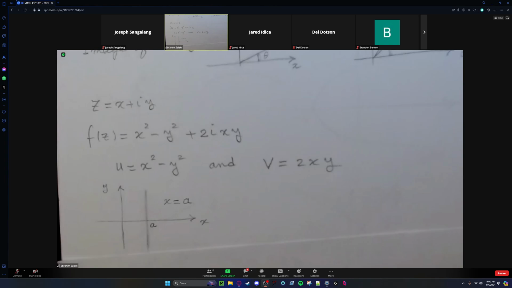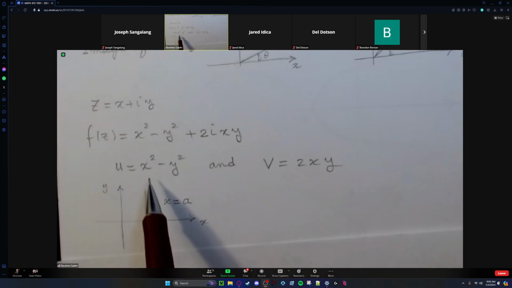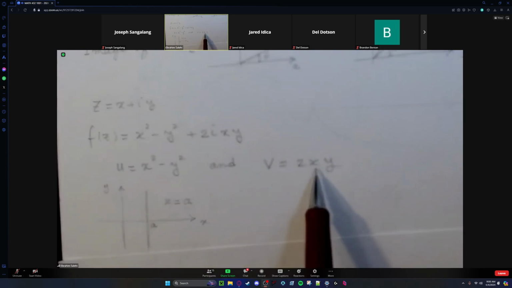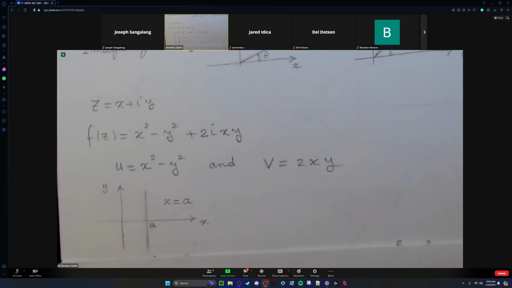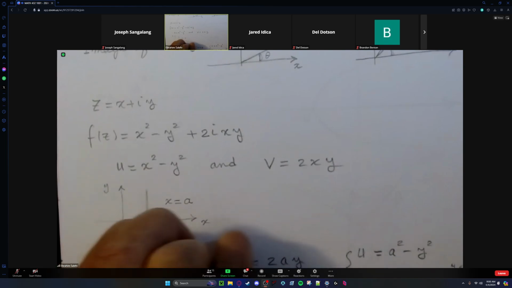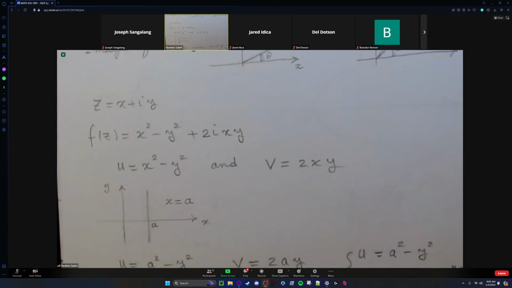Well, here is what we get. The equation of this line is x equals a. So you replace x by a. When you do that, you will get these equations here, which are the parametric equations of the image, all right?